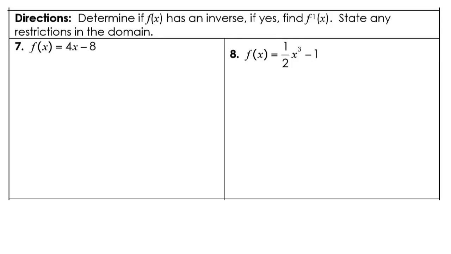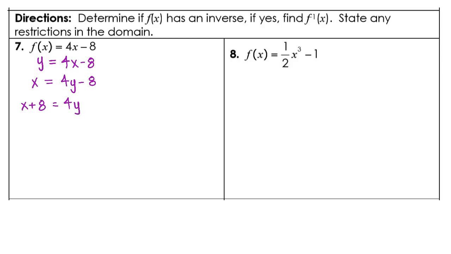Starting out, we need to change our f of x back to y. That's going to be our first step. Our second step is we're going to exchange places with x and y. And then finally, we're going to solve this equation for y. So I'm going to add 8 to both sides.